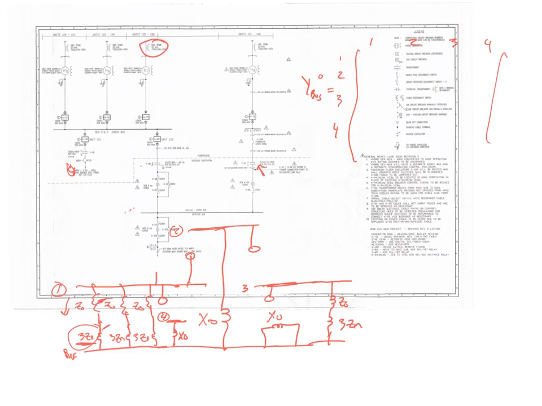Those have to be added together, Z0 plus 3Zn, and then that has to be inverted to give me the generator zero sequence admittance. They have to be added together first before you invert them.